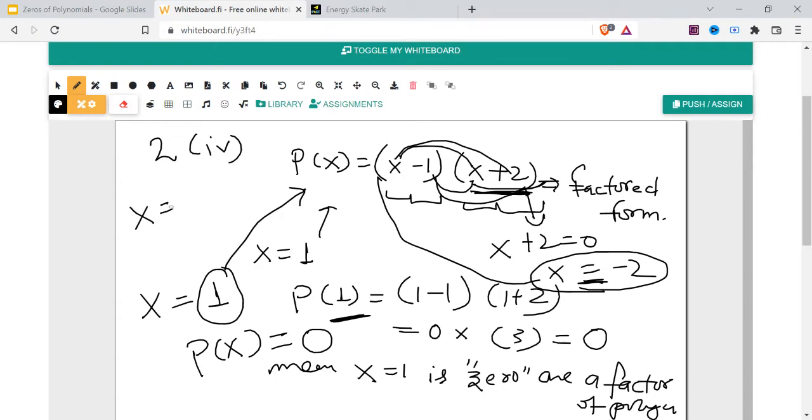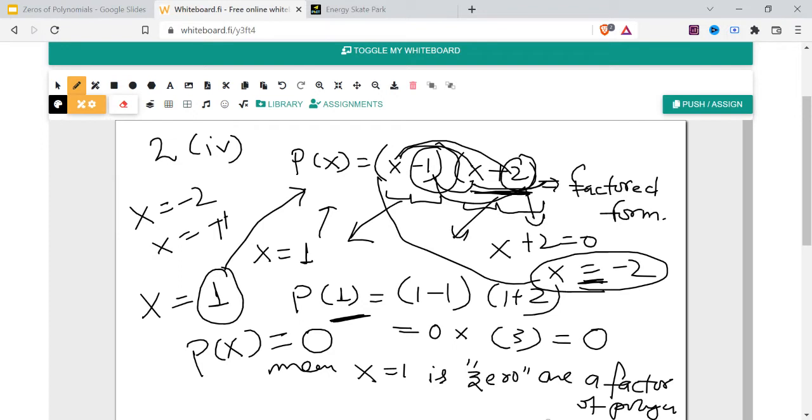One is x equals minus 2, another is x equals minus 1. So if you see, these factorization terms are giving us a direct hint about what the zeros of a polynomial are. So the factored values of x are nothing but the zeros of the polynomial.